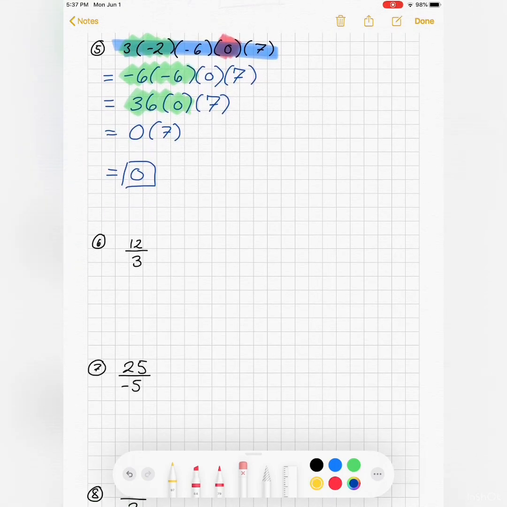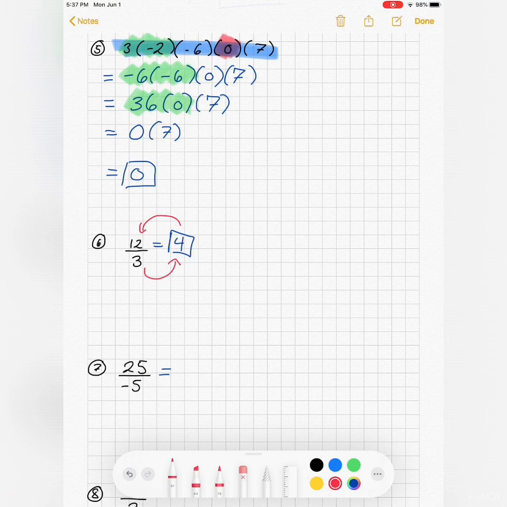What about division? Starts out pretty basic. 12 divided by 3 is 4. You can check that by thinking, well, 3 times 4 makes 12, right? Okay, similar rules to multiplication.